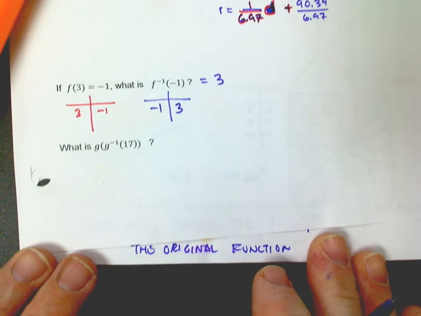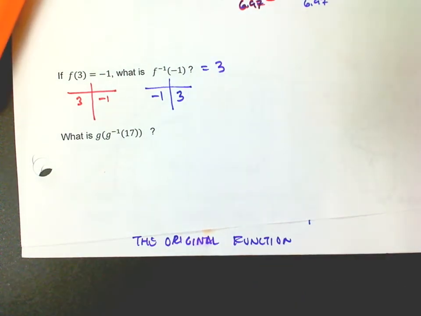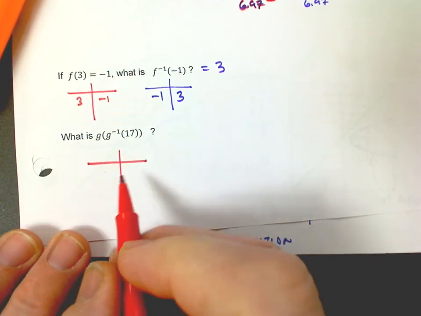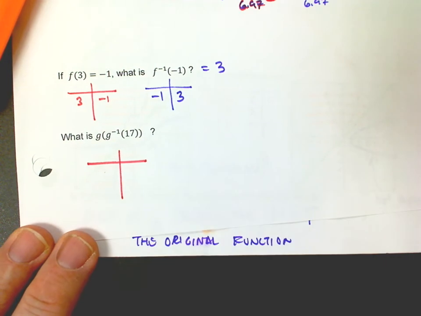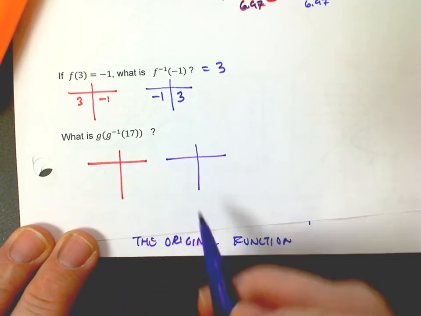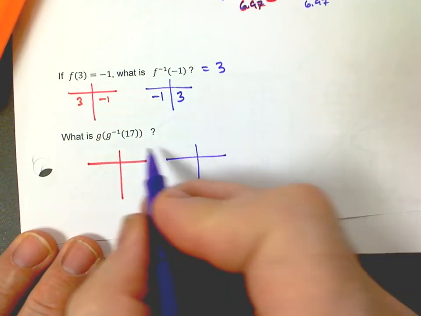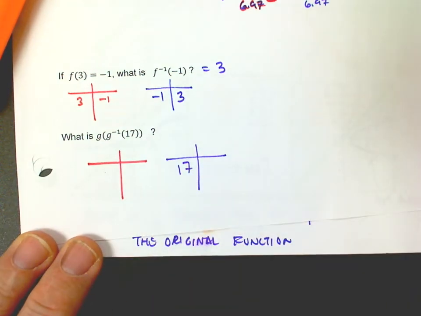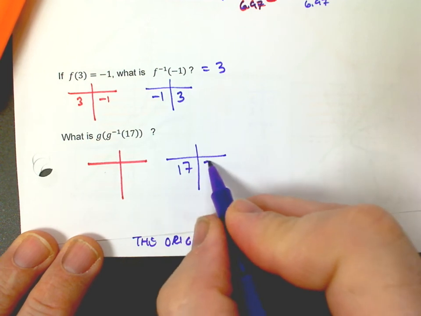So again, what should this next one be? 17, right? Do I need to calculate anything here? No. I don't even know what this is. I know when I put in, let me write this way, 17 in the inverse function, I get something out. Don't know what it is.